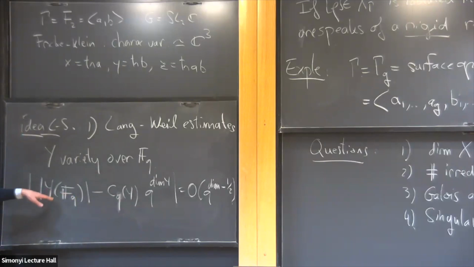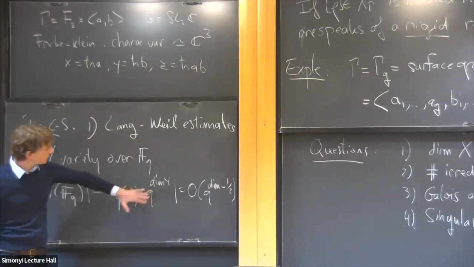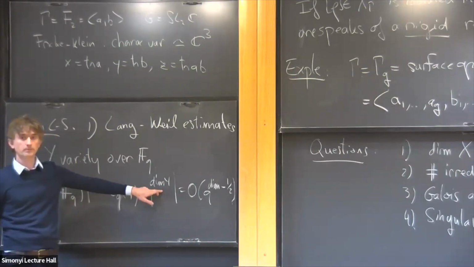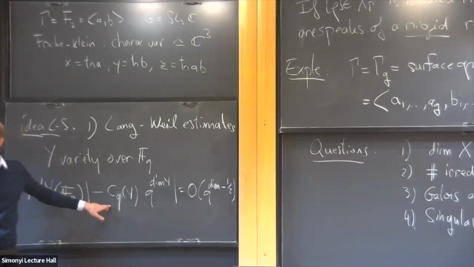So in other words, if you can manage to get your hands on the number of points of the variety, then it tells you information on the dimension, and also on the number of connected components, at least those that are defined over Fq.